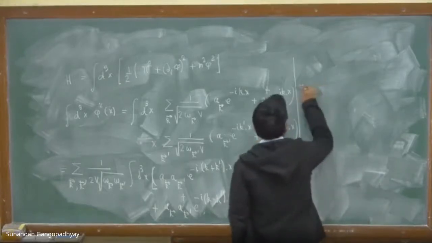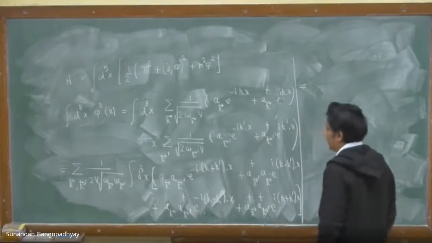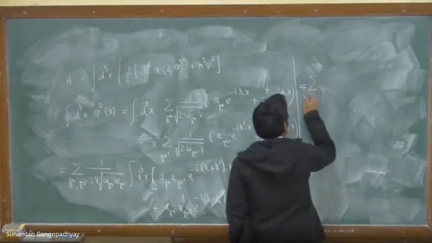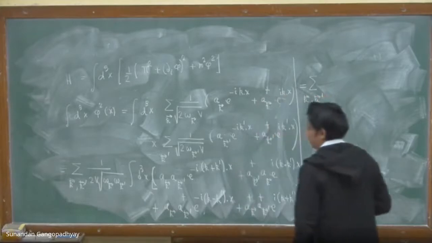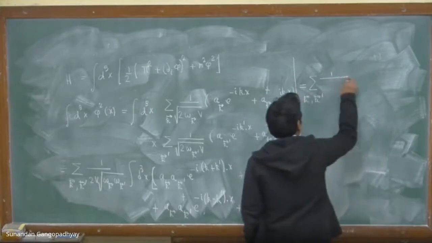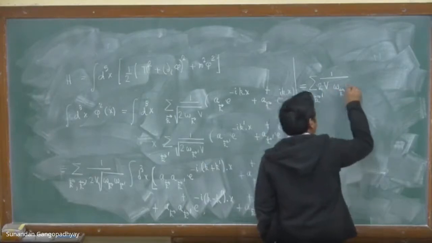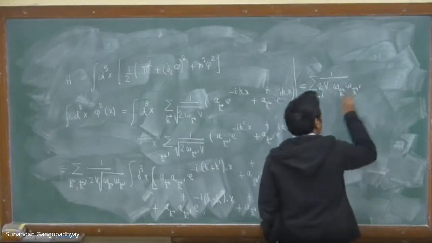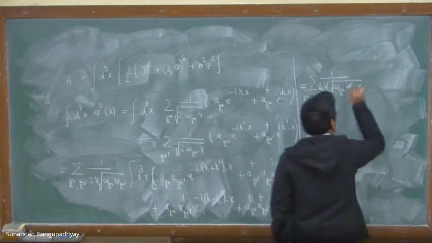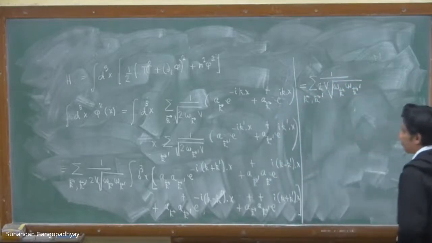So if you do that, what we will get here is summation over k prime. So this is what we get.